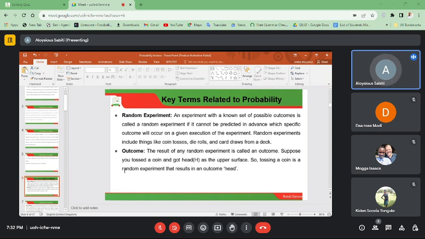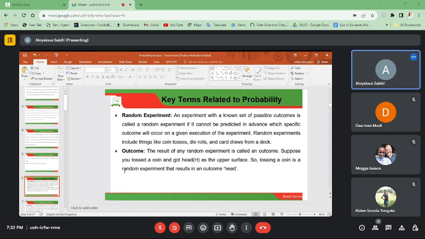So why are we calling it a random experiment? For example, a dice has six sides, so the outcome can be 1, 2, 3, 4, 5, or 6.